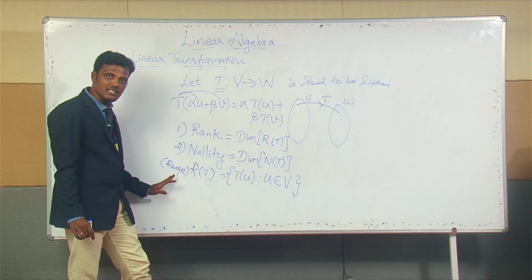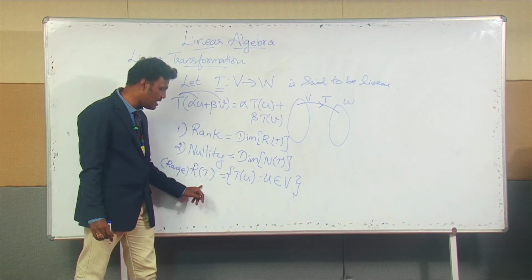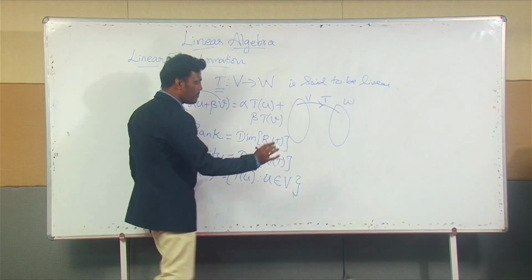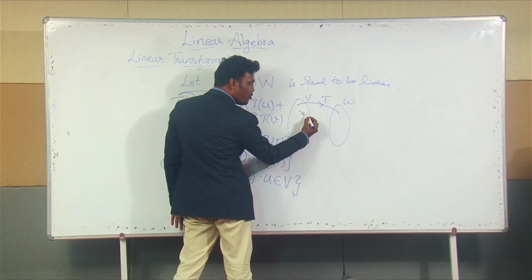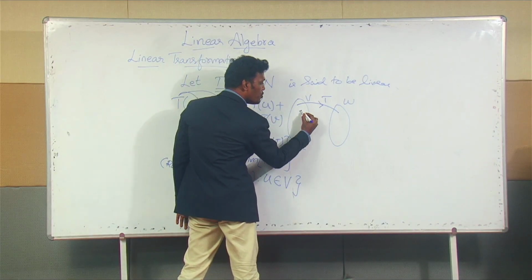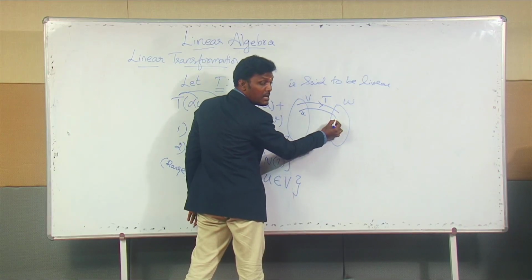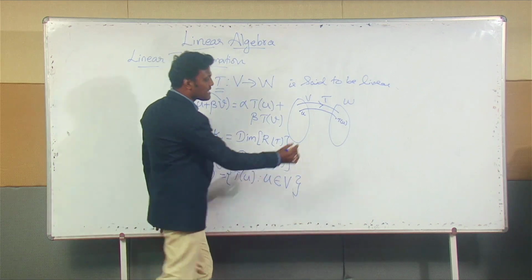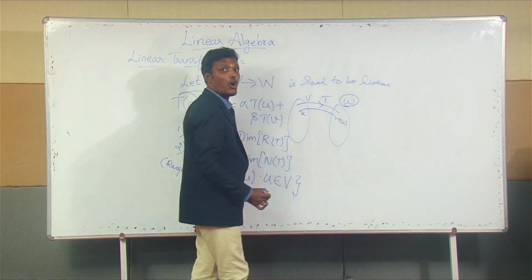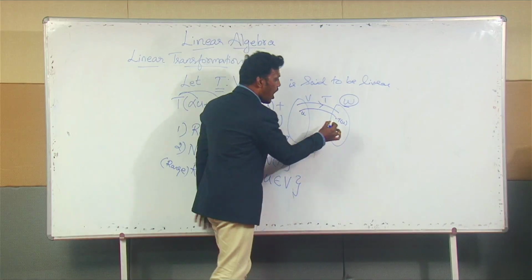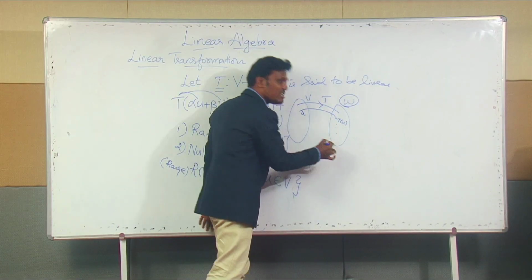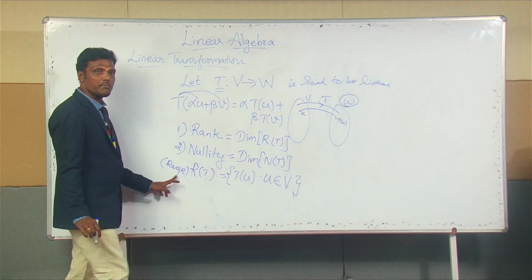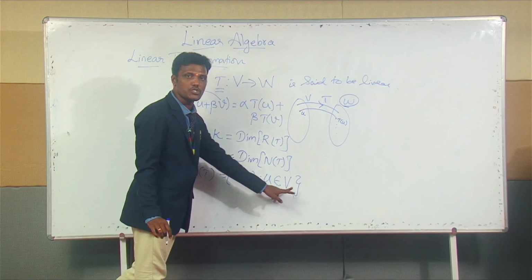We take one element U from the vector space V, and this U is transformed to the other vector space by the function T, and its image is T of U. The set of all such elements in W is called the range: T of U such that U belongs to V.